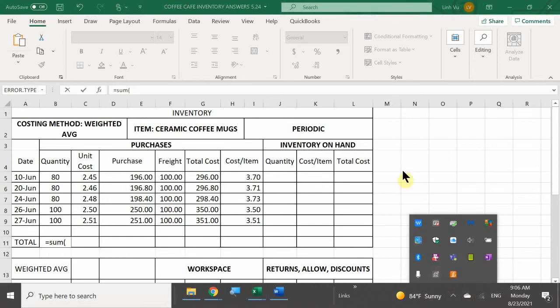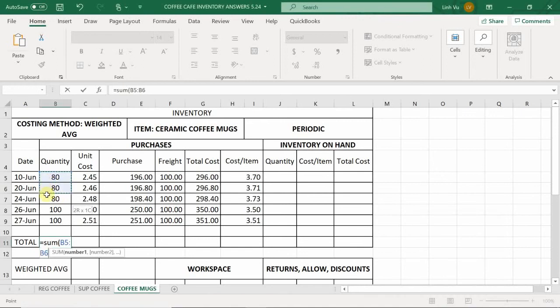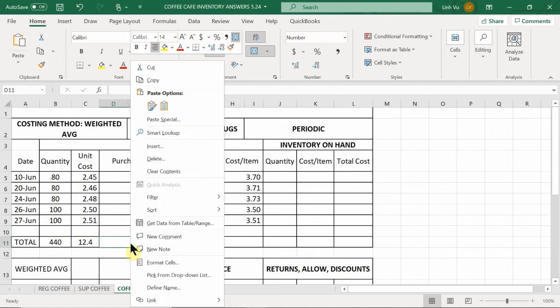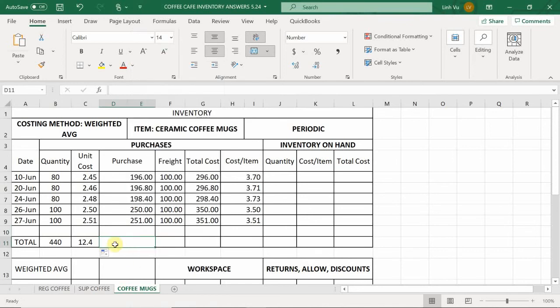Okay. So let's see. What was the total amount of coffee mugs that we actually purchased? 440. Okay. What was the total purchase price? I got $1,092.20.